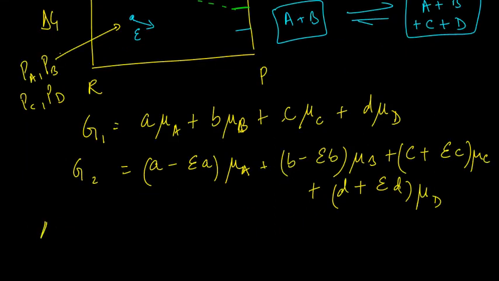And then I need to see what the delta G is when I change the reaction by this amount epsilon.